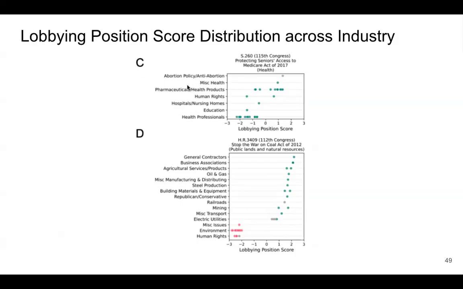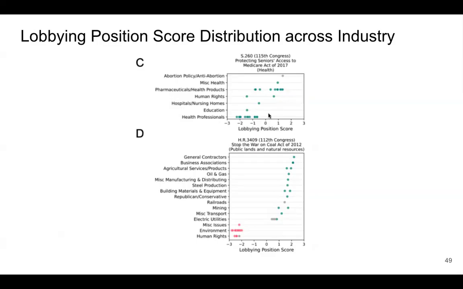These figures C and D are showing specific bills. This bill in the 115th Congress is the Protecting Seniors' Access to Medicare Act of 2017. The green dots mean that they're supporting this bill.